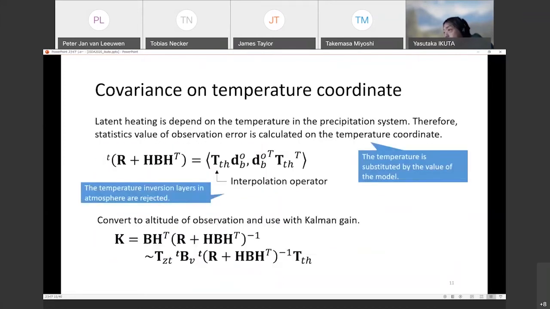Latent heat is dependent on the temperature in the precipitation system, so the statistics of the observation error and background error are calculated in the temperature coordinate. If there is a temperature inversion layer in the atmosphere, such inversion layers are rejected in the statistics. This covariance is converted to the observed altitude coordinate and model altitude coordinate and used in the Kalman gain.